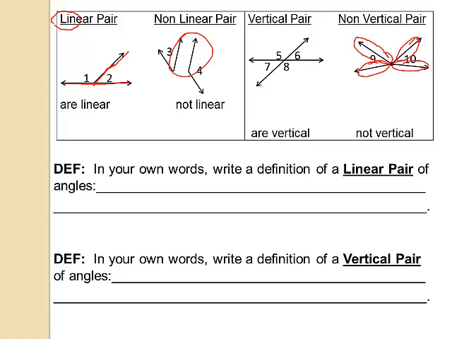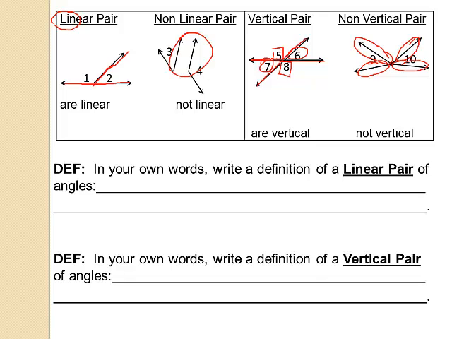But here you have two lines that are intersecting to form an X. And if that's the case, that means angle 7 and angle 6 are going to be a linear pair, I'm sorry, a vertical pair. Angles 8 and 5 are going to be a vertical pair because they're opposites.